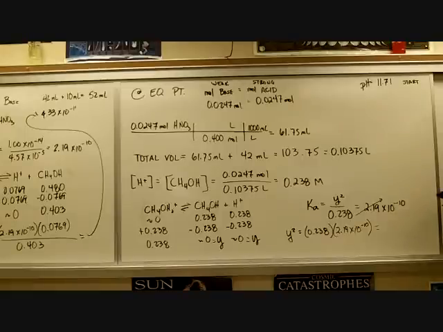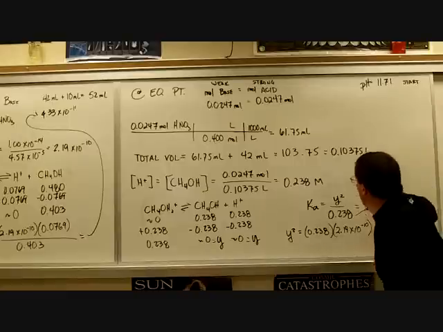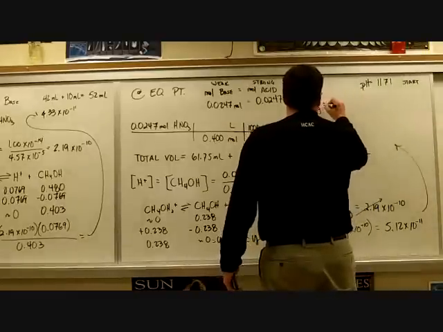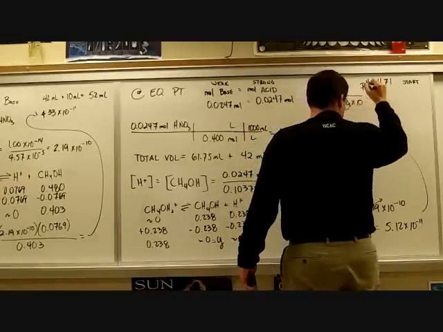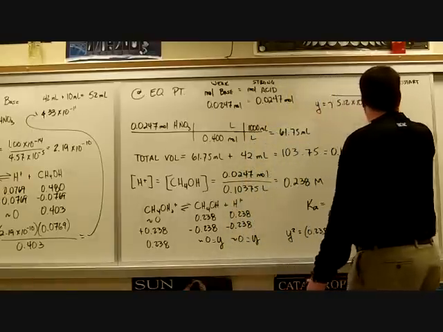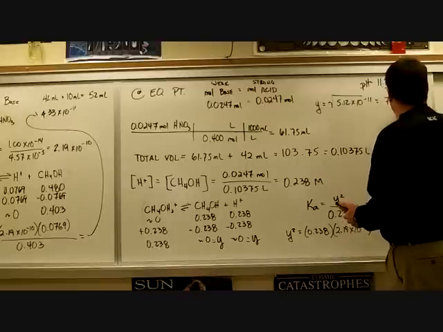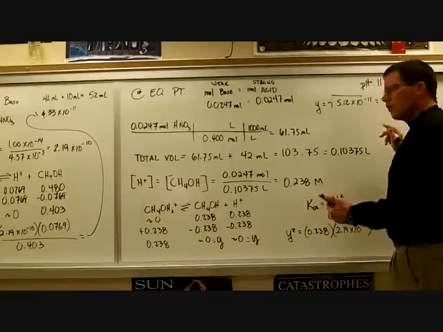So 5.12 times 10 to the negative 11, and that's our y squared. So bring the arrow up. So y is equal to 7.22 times 10 to the, is that negative 6? Okay.